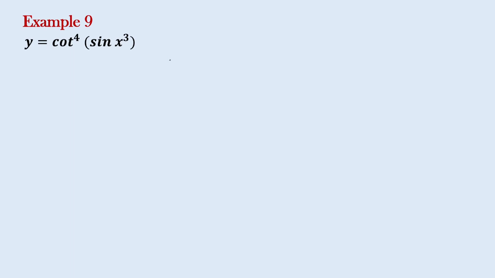Let's say we need to get the derivative of cotangent raised to 4 of sine x cubed. For this example, we can write this as y is equal to cotangent sine x cubed and then raised to 4. So applying chain rule, remember that it would be the derivative of the outside function leaving the inside.